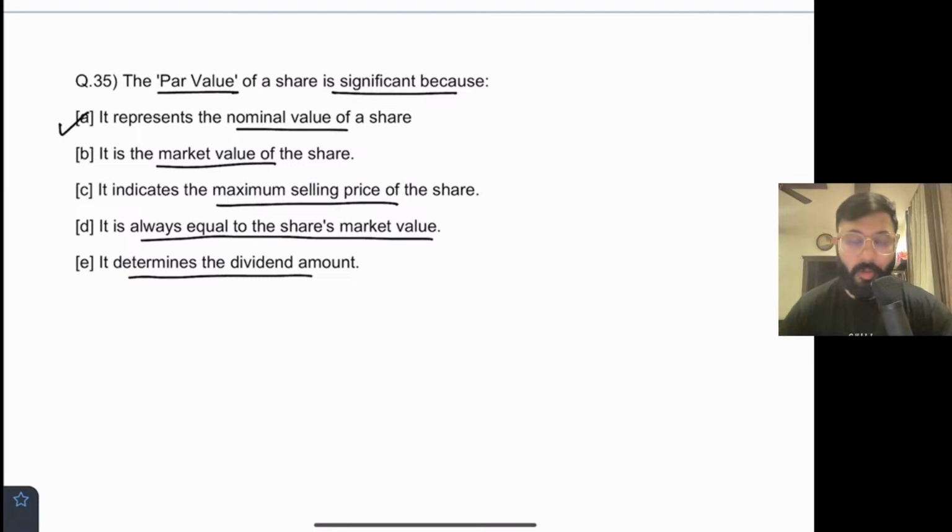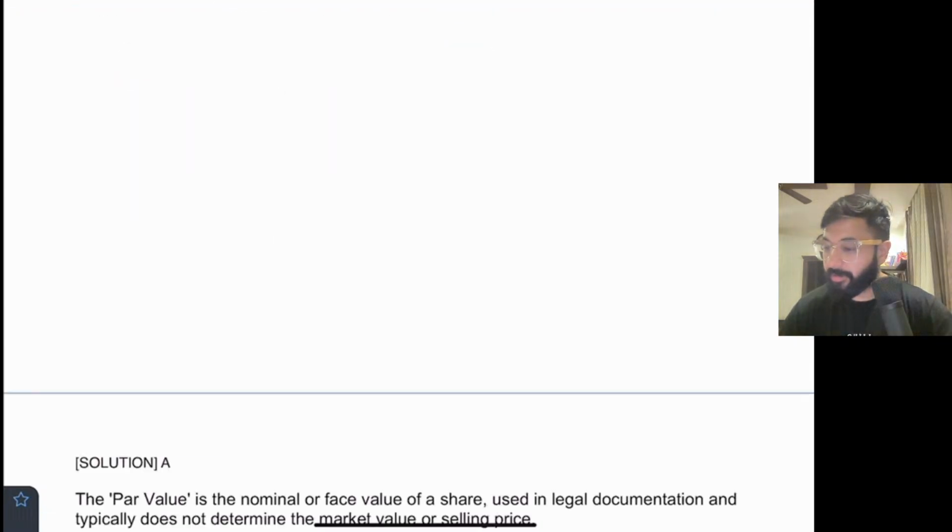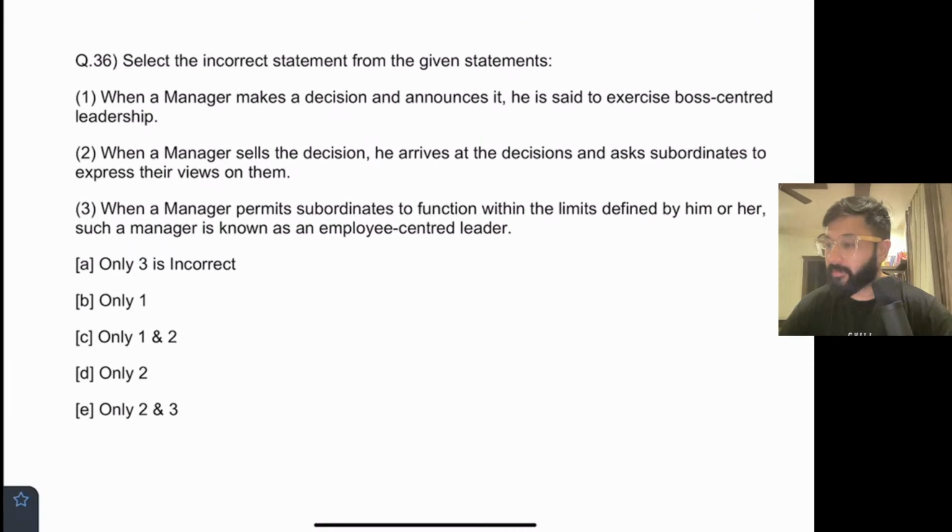Yes, it represents the nominal value of the share. I think बहुत obvious सी चीज़ है ये. Next पे आते हैं, question number 36.